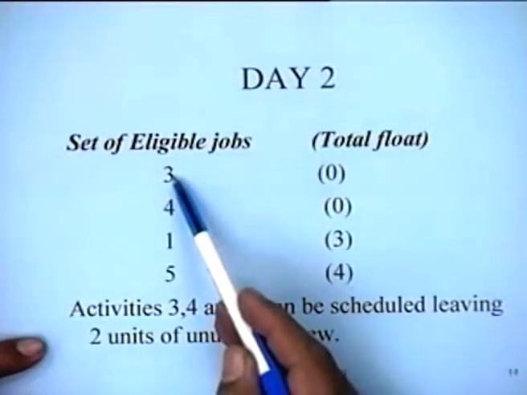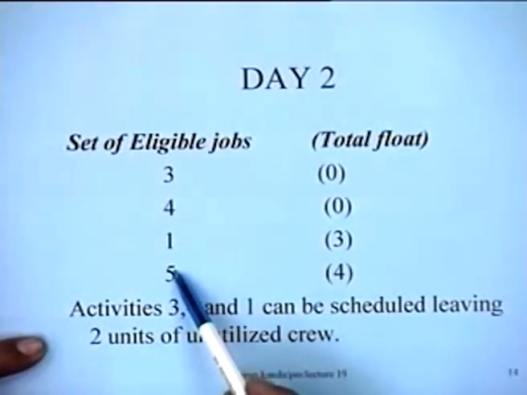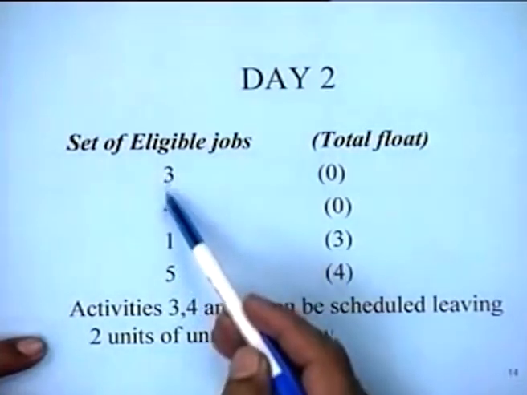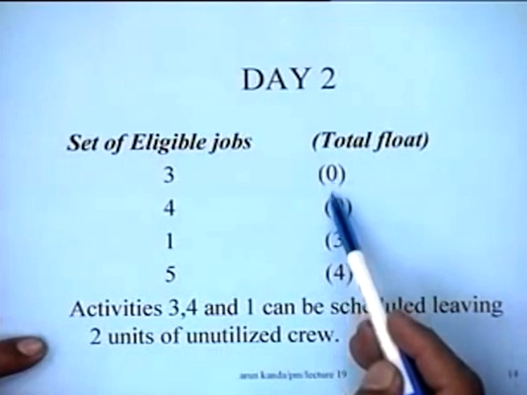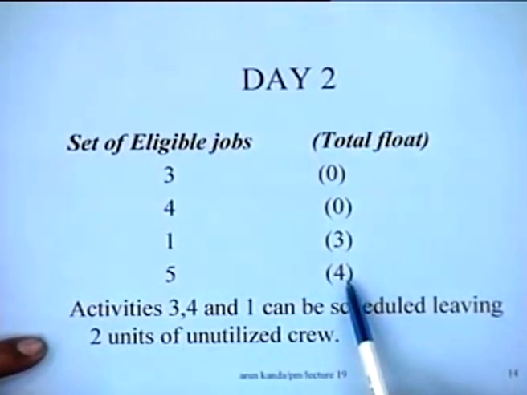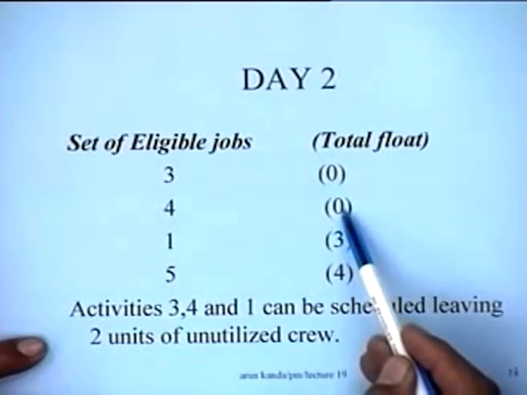So on day 2 we have these 4 jobs, 3, 4, 1 and 5, which have now become eligible for placement, and we order them first according to their total float, because this is going to be our tie breaking heuristic. So 3 and 4 are both critical jobs.